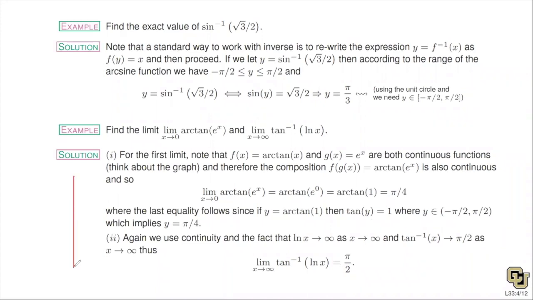And as I mentioned, the graphs are super important. So here's the graph for natural log, and then the graph of arctan. It's bounded above by pi over 2 and bounded below by negative pi over 2. And so knowing the graphs really helps to figure out the limits, and you can do it piece by piece to see what's happening.